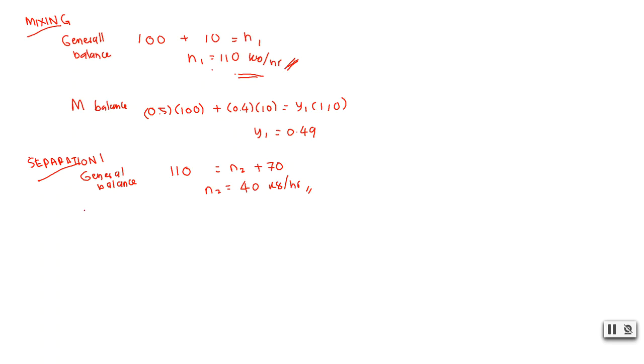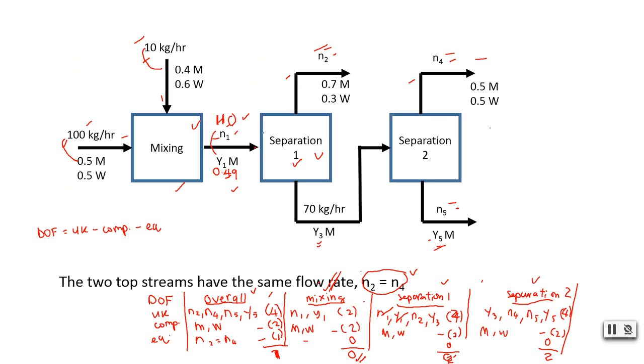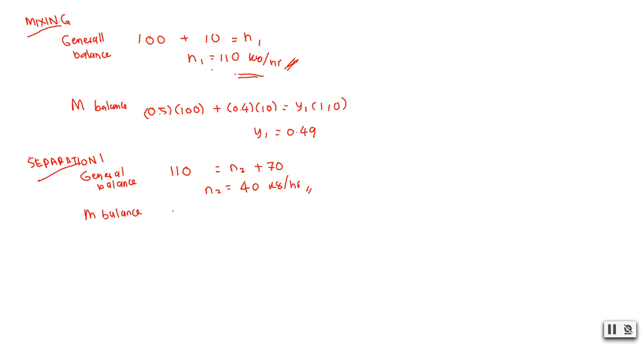Okay, now we do the M balance. We have 0.49 times 110 equals 0.7 times 40, which you already got, plus y3 times 70.